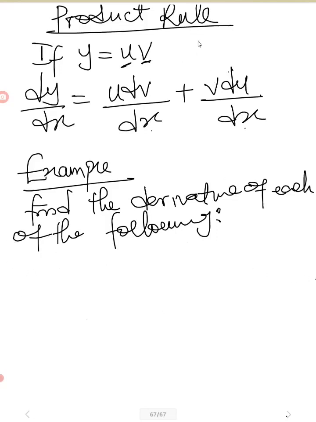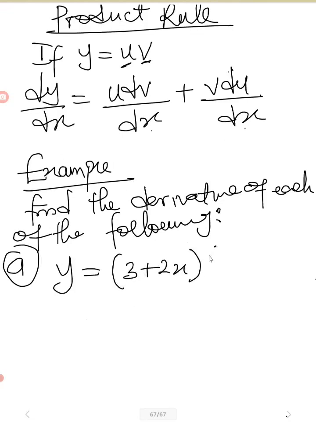So let's have the first one, which is A, in product rule. We have been given the formula. Let's say y is equal to (3 plus 2x)(1 minus x).